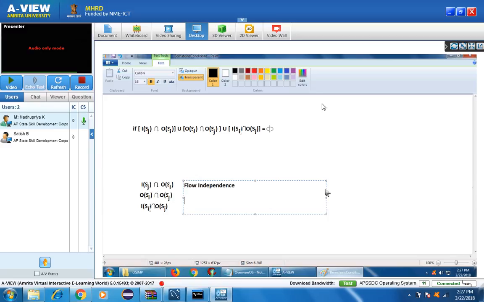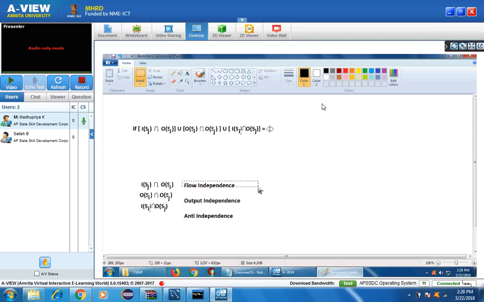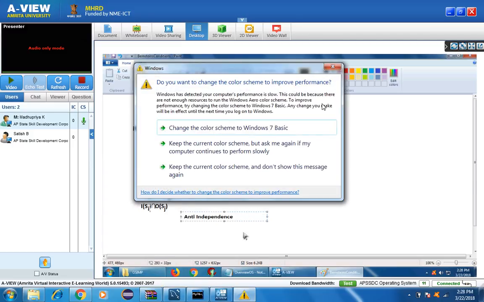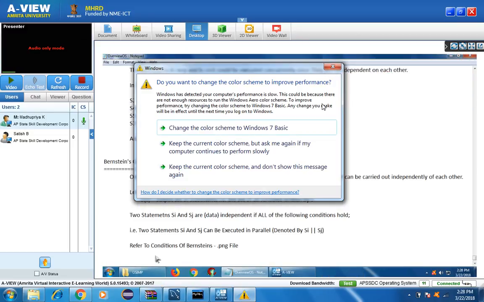We'll take a mathematical expression and understand it so that you can find its actual importance. Output independence, and there is something called anti-independence. On the basis of these three only, your Bernstein conditions are going to provide parallel execution of the processes, right?